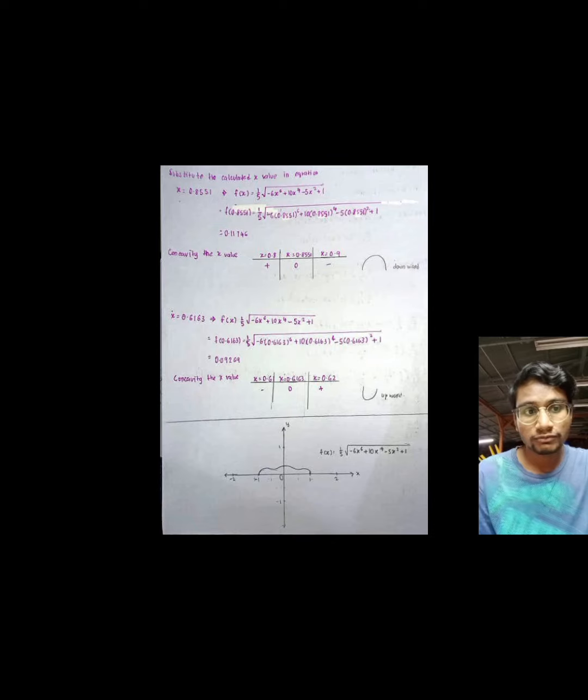Converting the x values in the table, we can identify that x equals 0.8 is positive, x equals 0.8551 is 0, and x equals 0.9 is negative. This is the down drop. For the up drop, we take x equals 0.6163, and we get 0.09269. In the table, x equals 0.6 is negative, x equals 0.6163 is the zero value, and x equals 0.62 is the positive value.